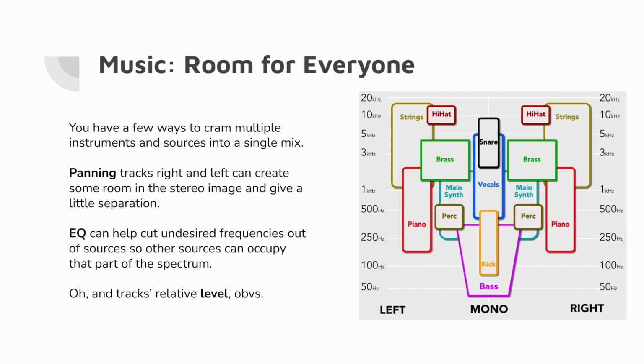Boom, boom, boom. And maybe some stuff higher up, the little click of the beater hitting that drum. And then kind of scoop out some other stuff in between, because that's where the melodic content of the bass will be. And you can hear that bass line going boop, boop, boop, boop, boop, boop, without it having to fight for that space with the kick drum and getting all muddy together.